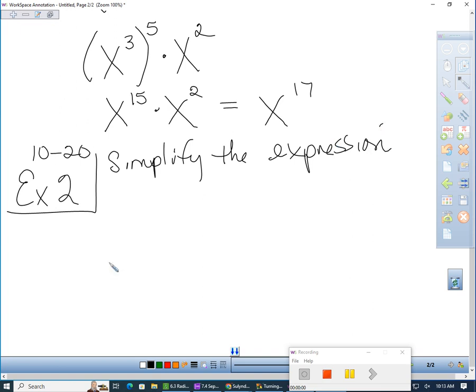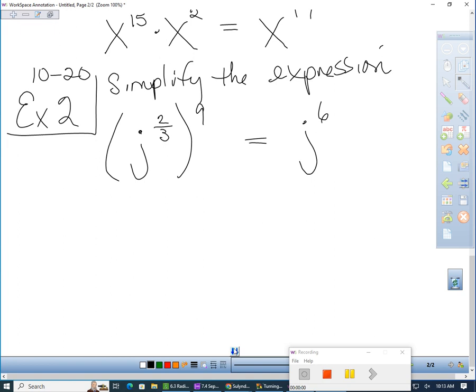All right, let's say I have, how about j to the 2/3 raised to the ninth. I keep my base, which is j, and I multiply my exponents. 2/3 times 9 is 6. Very good. So even if it's a fractional exponent, it still follows the same rule, right?